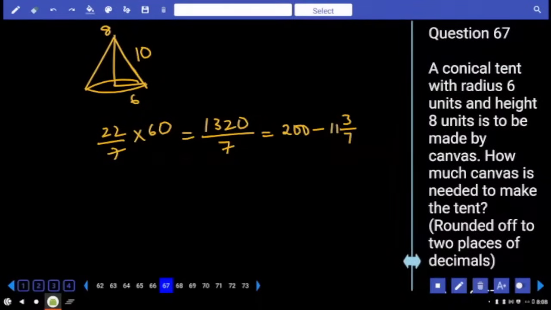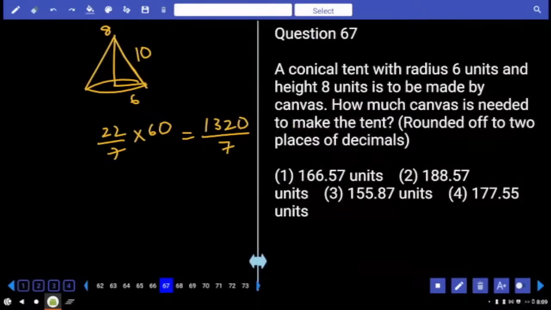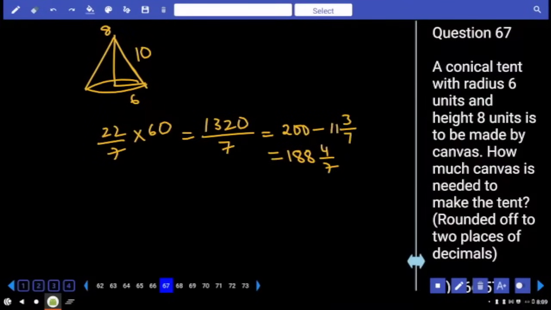Instead of subtracting 11 and 3 by 7, subtract 12 and add 4 by 7. 188 and 4 by 7. After identifying 188, you are actually done with the answer. There is only one option which starts with 188. Clear?